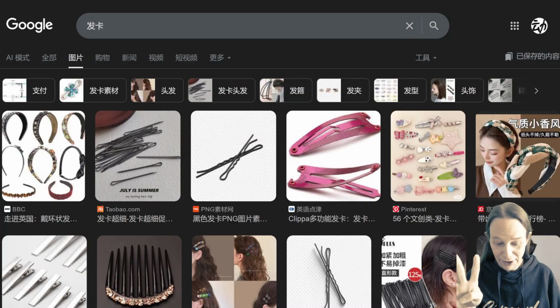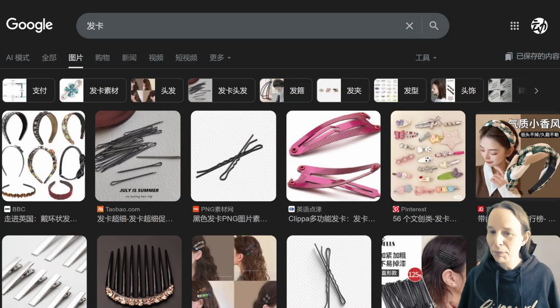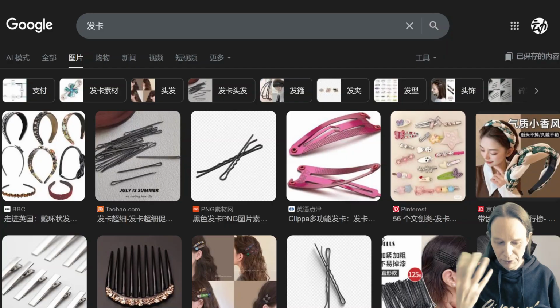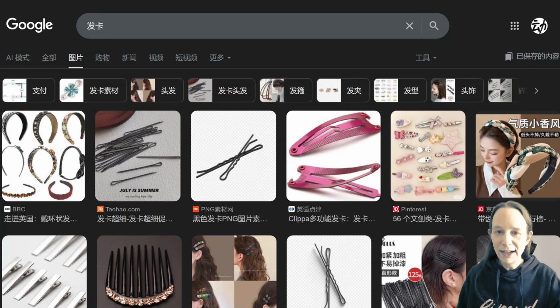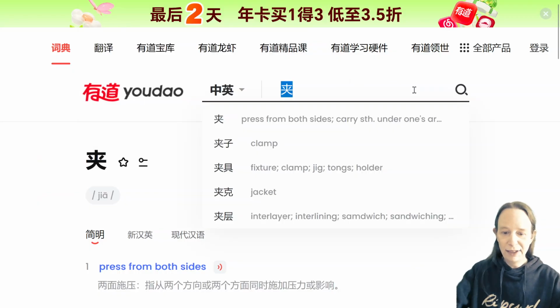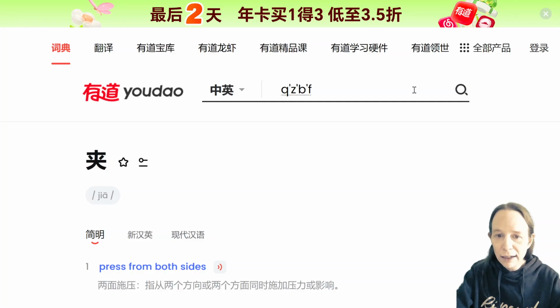Number four is a verb. 把人或财物留住不放. Okay, 阻挡, 阻碍. Okay, so we're blocking something from making forward progress. Okay, 卡住不放.